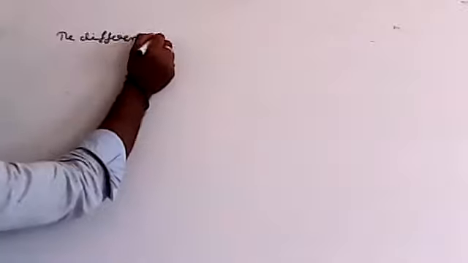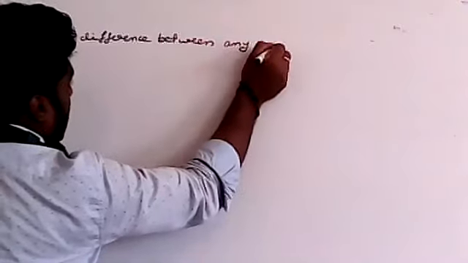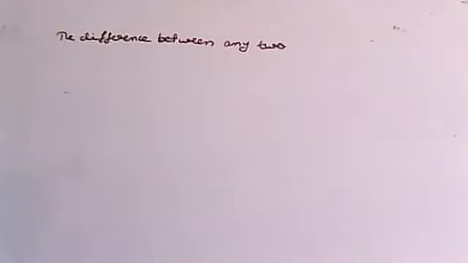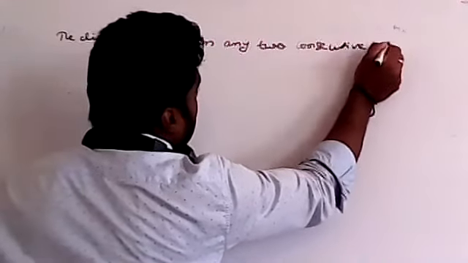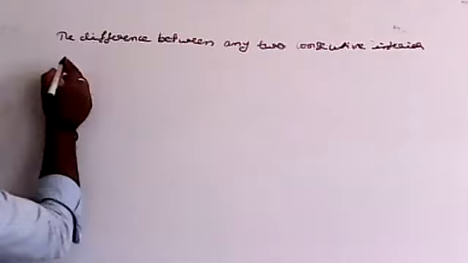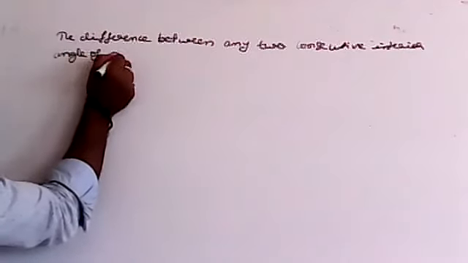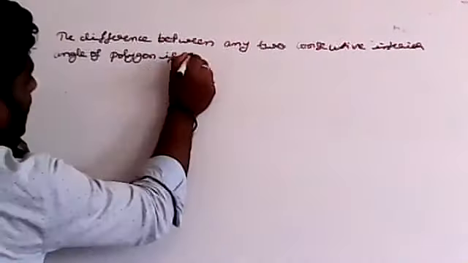The difference between any two consecutive interior angles of a polygon is 5 degrees.